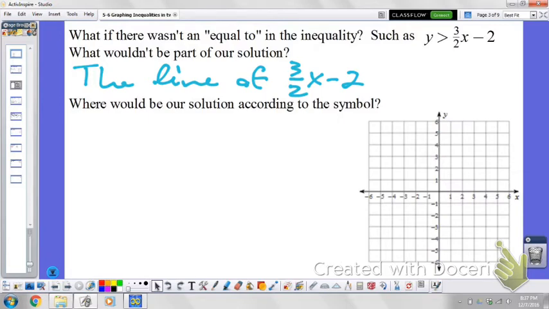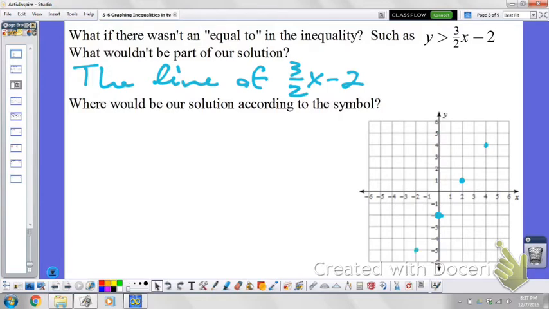But we still have to show where that would be because it's important for our graph. So since it's still important but not part of our solution, we're going to show where 3/2 x minus 2 is with a dashed line. So I'm still going to graph the 3/2 x minus 2 normally with a y-intercept of negative 2 and a rise of 3 and a run of 2.